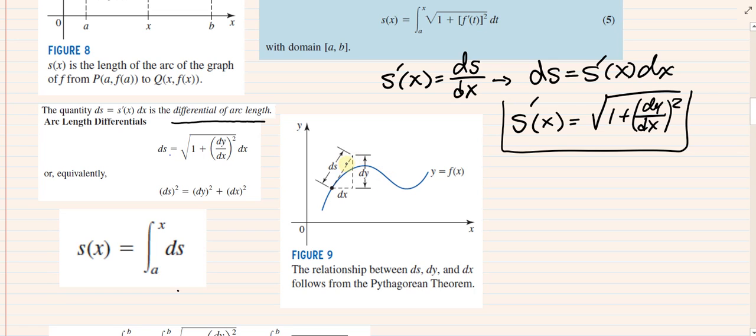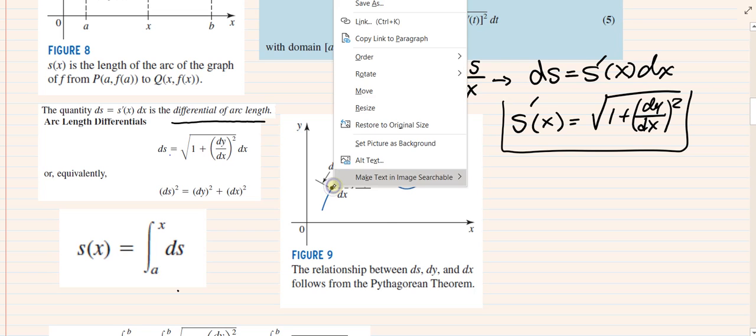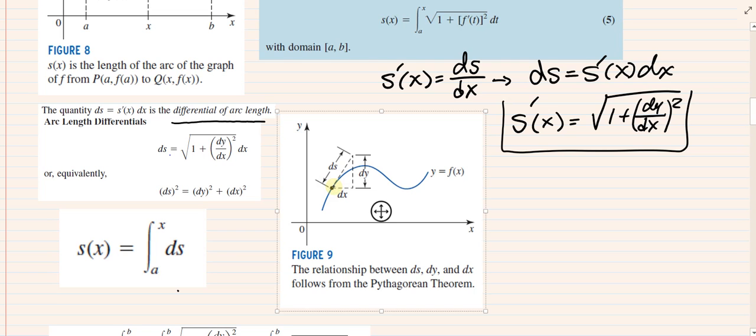Let me clarify that portion for you. ds is based on the tangent. The change in the curve, the change in the value of the curve from here to here, that is actually delta s. That's the actual change in the length of that curve as you go from the lower to the higher point.